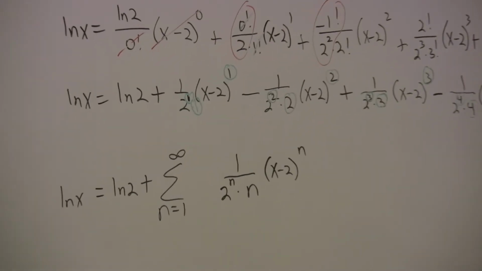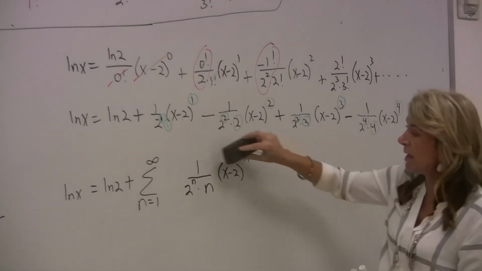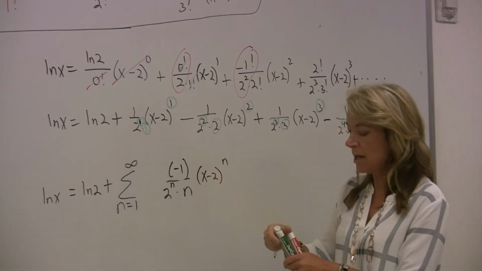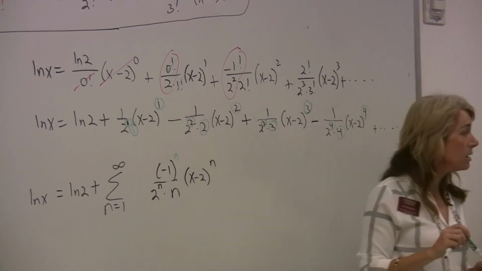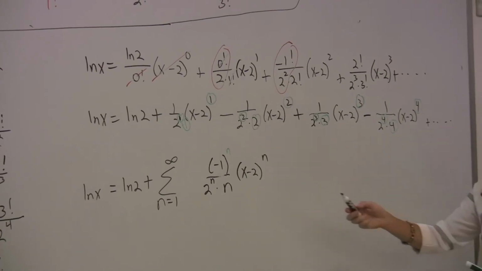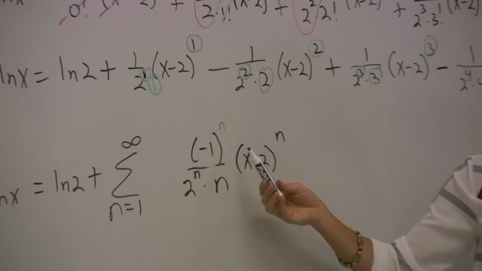And then we just have to take care of the alternating part. Let's put that up here, maybe. -1. I usually like to do a guess and check, and I just like to start with n and see if it works. If I plug 1 in here, I'll get -1 to the 1, which is negative.